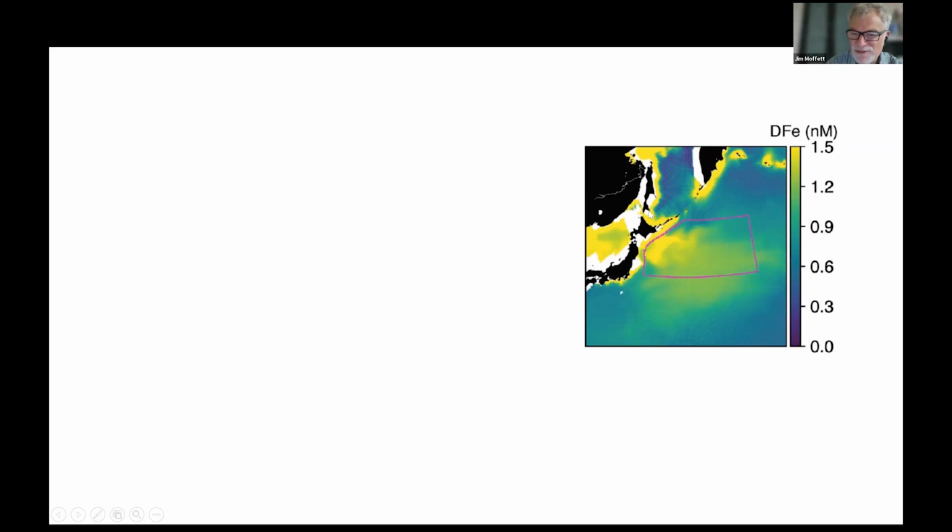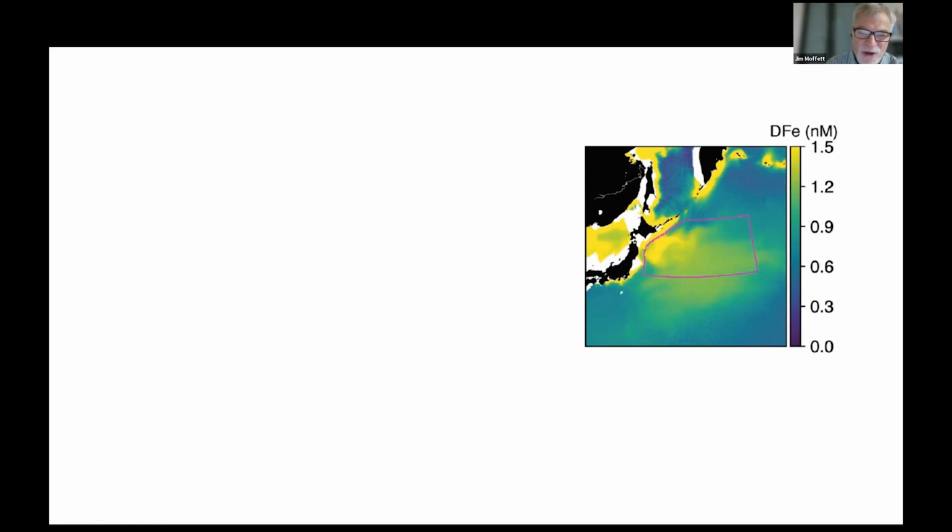It's advected to the south through a variety of channels along the Kuril Islands here, and then makes its way into this big plume that gets entrained in the Kuroshio current, an important western boundary current, and moved offshore.